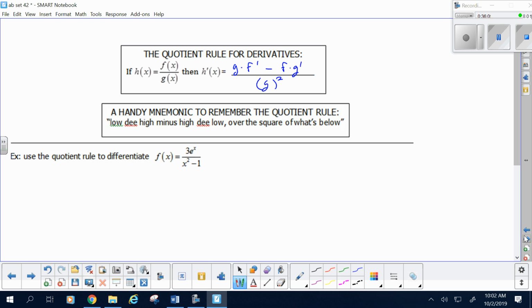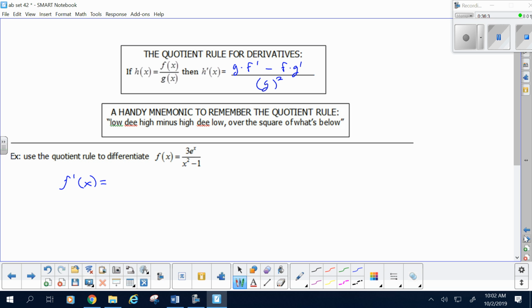So please say it with me, right? Low d high minus high d low over the square of what's below. Okay, I appreciate you saying it with me. You're not too cool to say it. Cool people get these wrong. Nice.